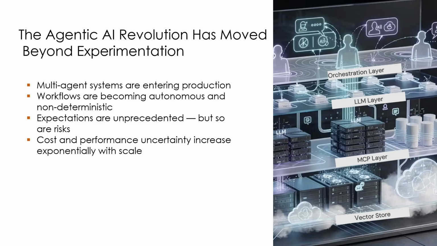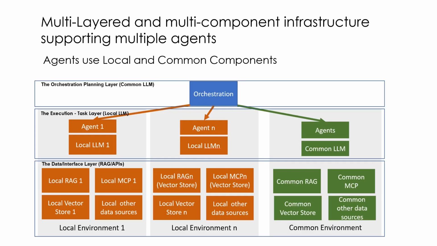The architecture of agentic AI systems is multi-layered, and every agent request touches multiple components including orchestration, LLM reasoning, tool execution via Model Context Protocol (MCP), and retrieval augmented generation (RAG), which combines retrieval from external knowledge sources like vector stores with the generation capabilities of large language models (LLM).